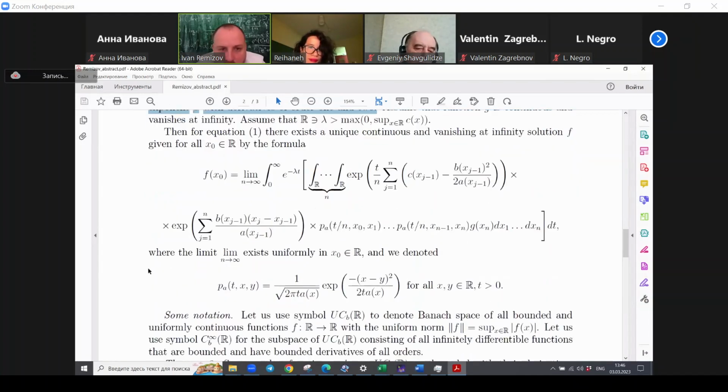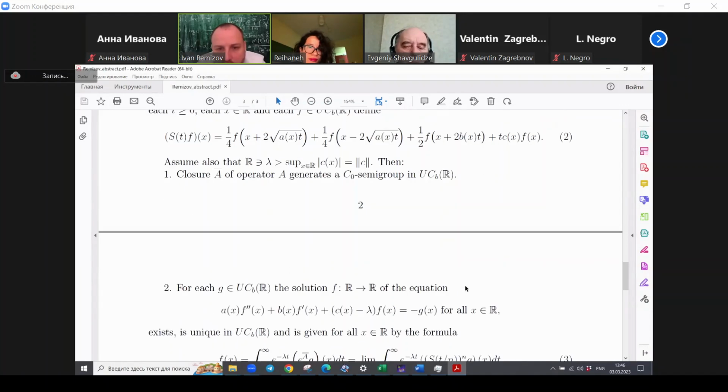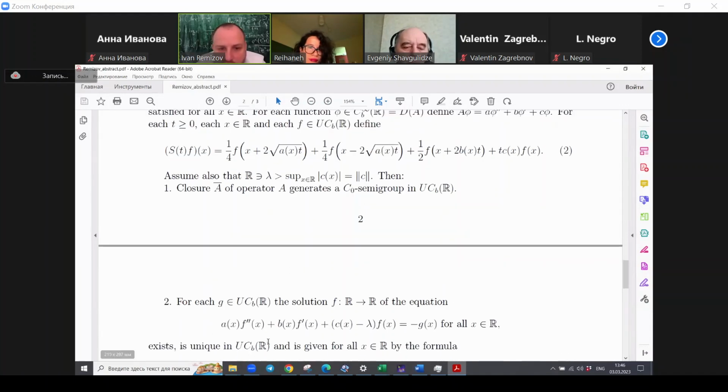In that case, my coefficients are uniformly continuous and bounded, and the solution f is the same, uniformly continuous and bounded.